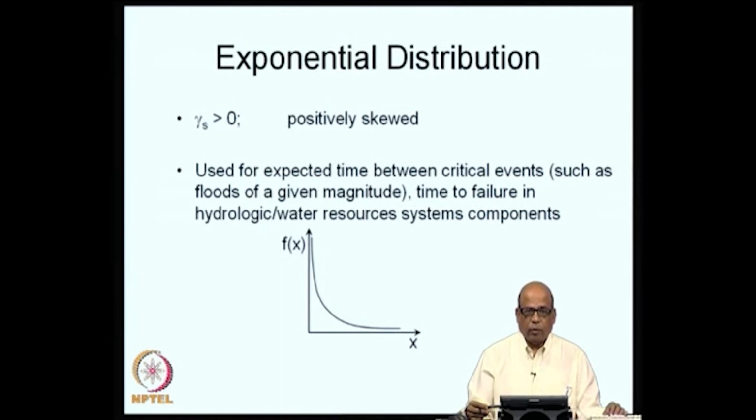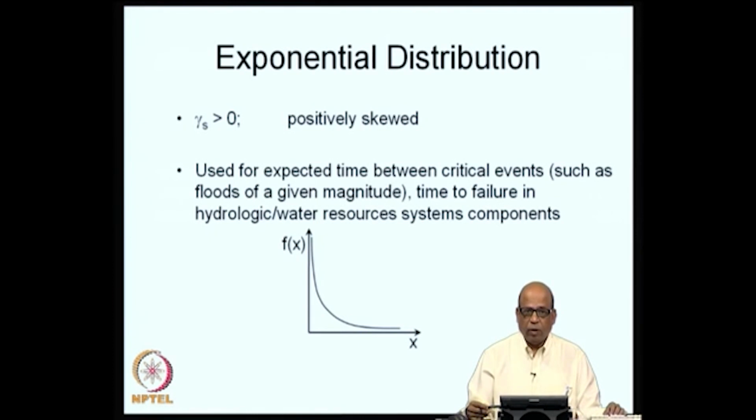But in hydrology and water resources, we are not so much concerned about the physical failure of components, but of the functional failures. For example, if your water resource system is supposed to produce a certain amount of hydropower and it fails to produce that amount of hydropower, we reckon this as a failure.